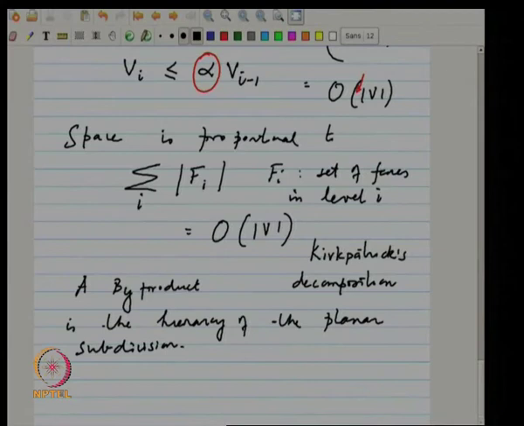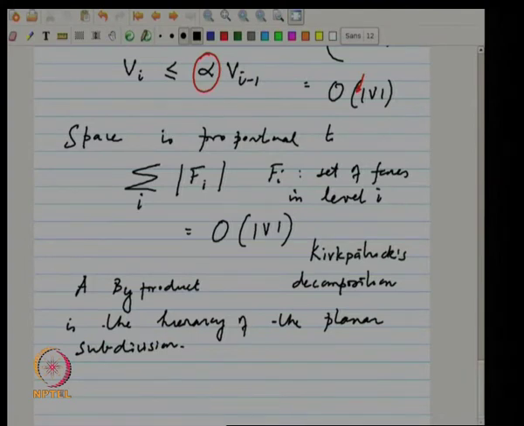That problem can be very nicely solved using this hierarchy of subdivisions, and it can actually be solved in logarithmic time. So, even in 3 dimensions we can do it, and it is because of this kind of subdivision.